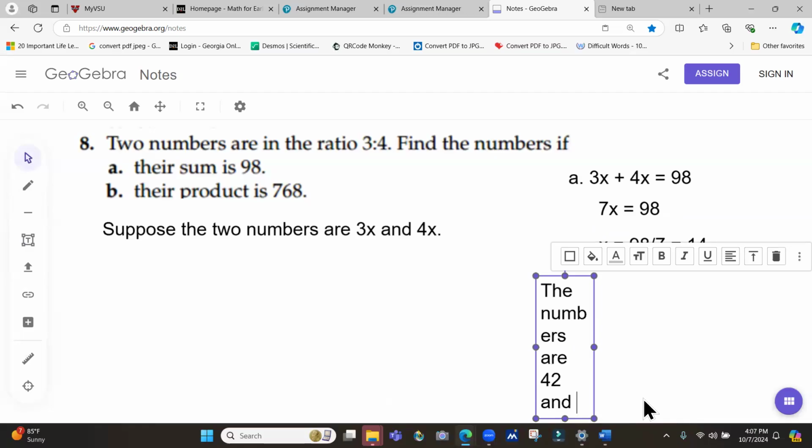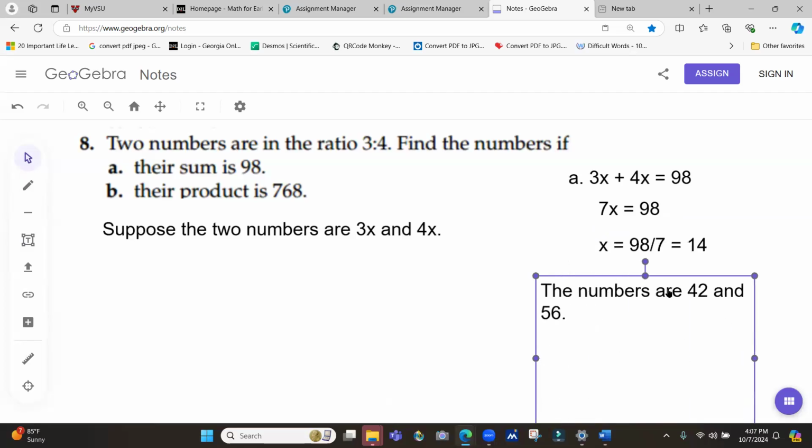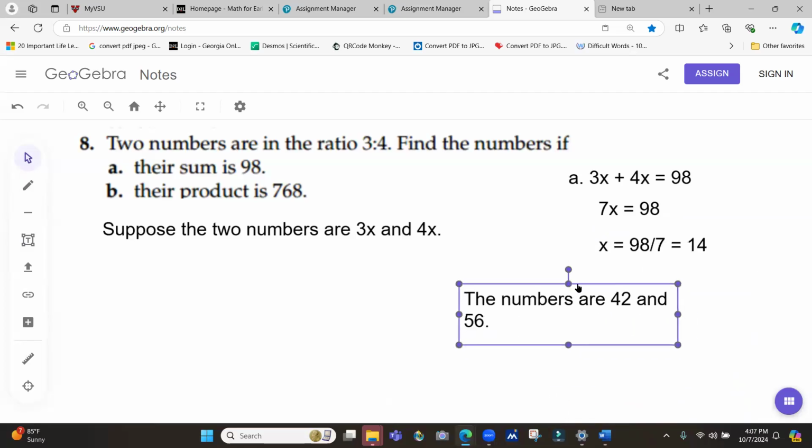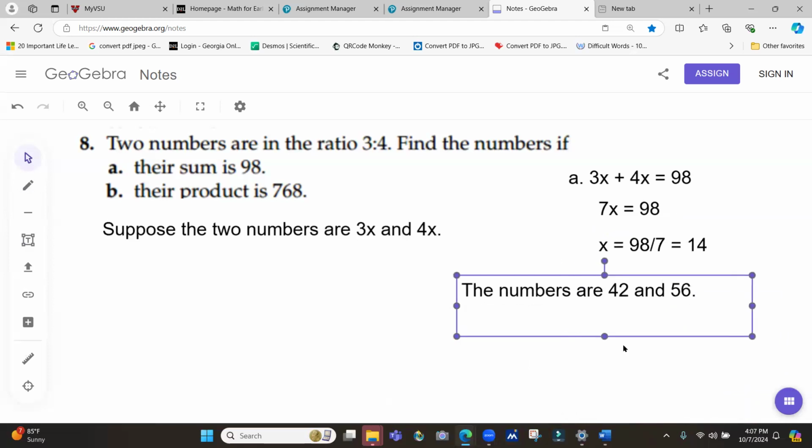And 4 times 14 is 56. So you did part A. Where's 42 coming from? This 3 times 14. Where's 56 coming from? This 4 times 14.